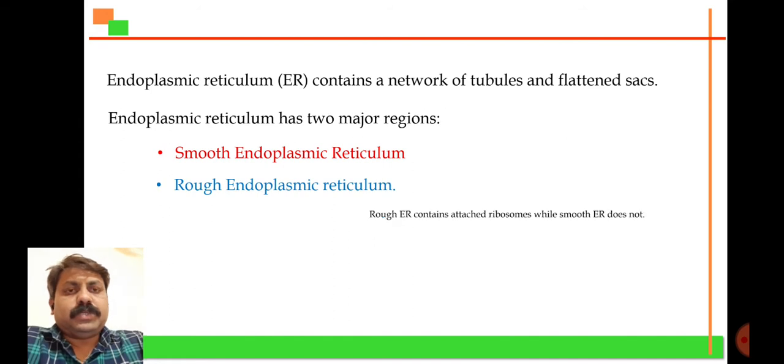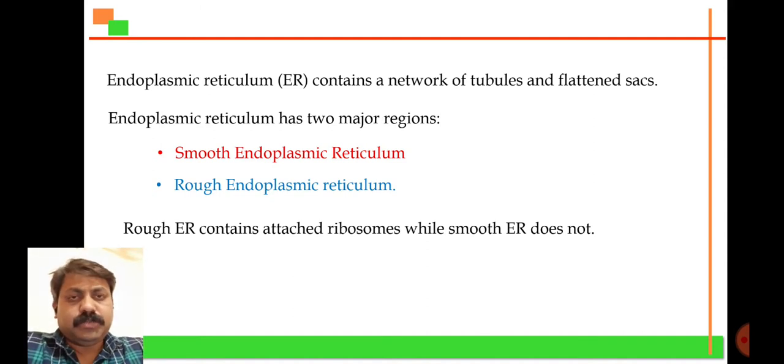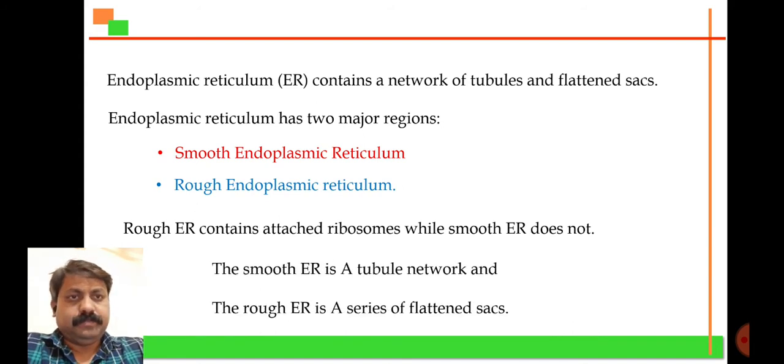This is because of the presence of ribosomes. In the smooth endoplasmic reticulum the outer membrane is smooth as the ribosomes are absent, and in the rough endoplasmic reticulum the ribosomes are present on the outer surface.